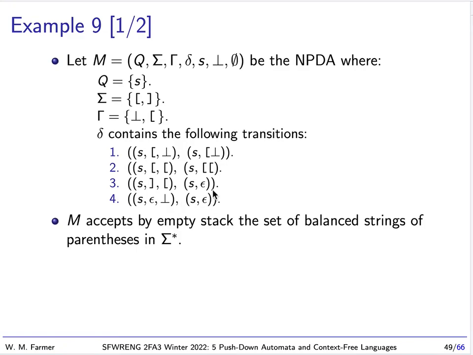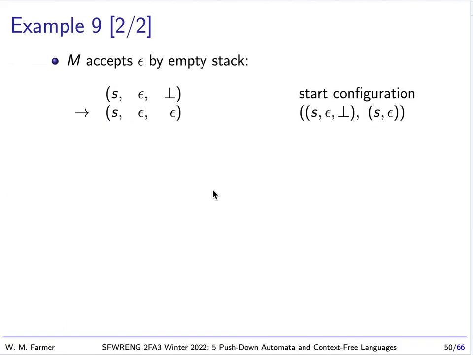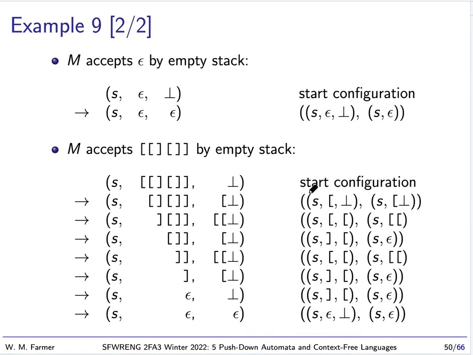It's number 4. So we use number 4, which says if we're done looking at a string and on the stack is the initial symbol, then we will stay in the same state, but we will pop this off and put nothing else on the stack, so the stack becomes empty. So that's the first example.